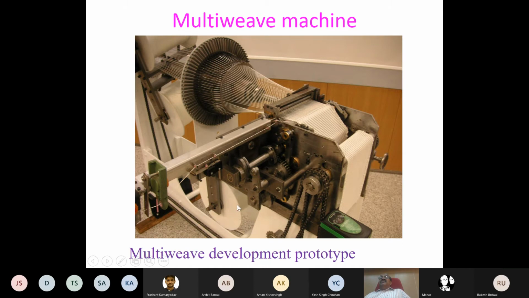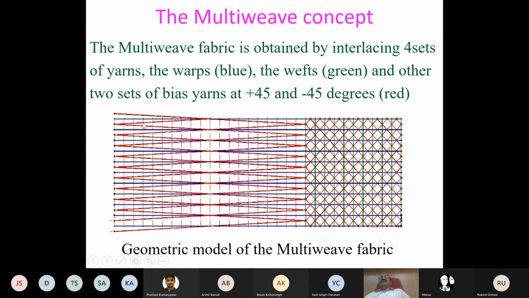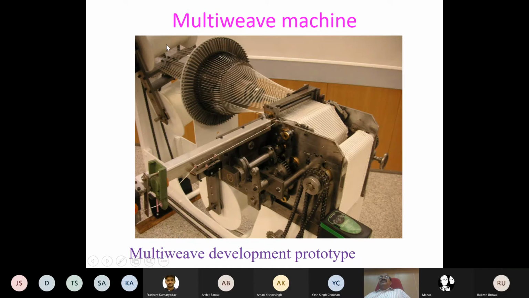This is second bias warp at bottom, second red color, and this is at the center, called straight warp. 3 beams: bias 1, straight, bias 2, 3 warp, 3 beams. So bias 1 on top, bias 2 bottom, 45° to central axis, and at the center this is third beam. Is that clear?